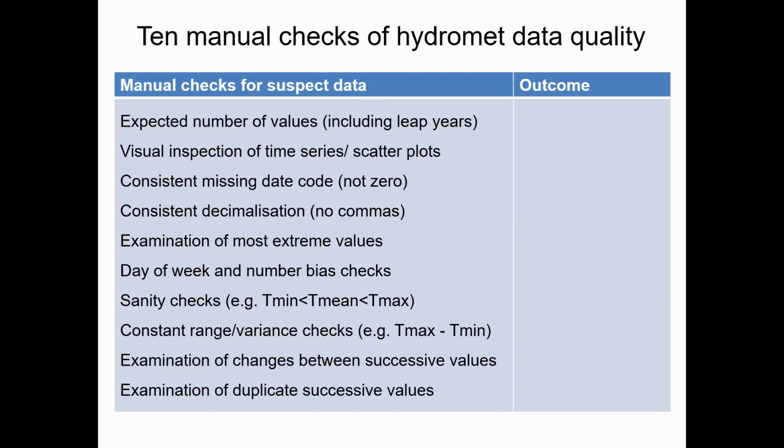So first of all, when we look at the length of the record, are there the correct number of days or the correct number of hours? If you've got 10 years of data with 2 leap years within it, have you got 3,652 days? That's a very first and simple check. Is the length of the data set what you expect?